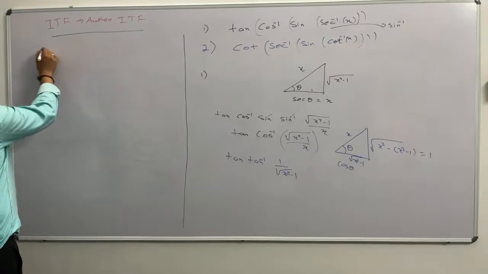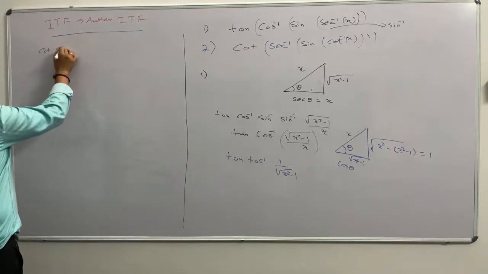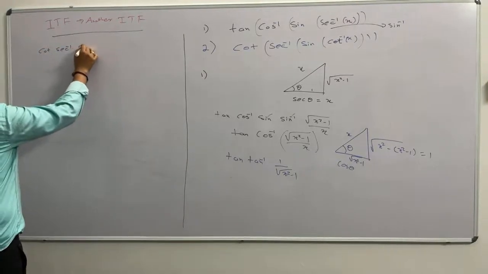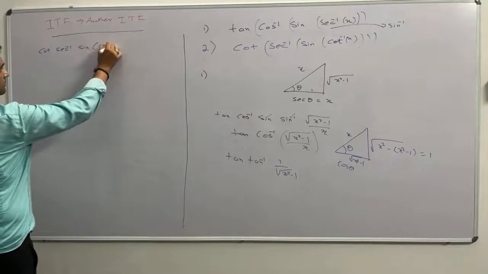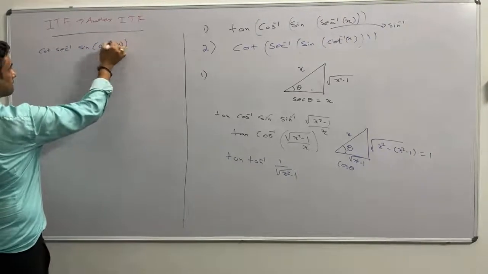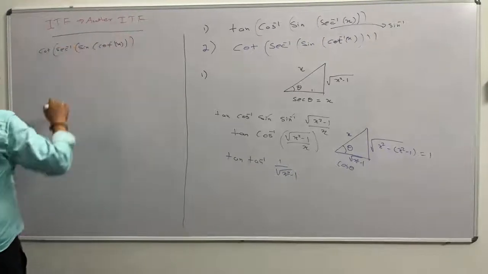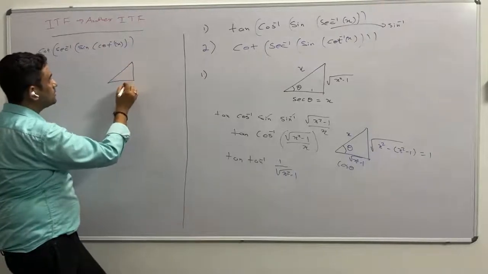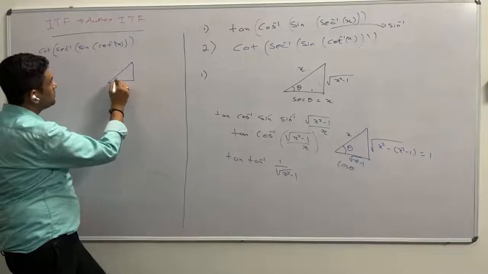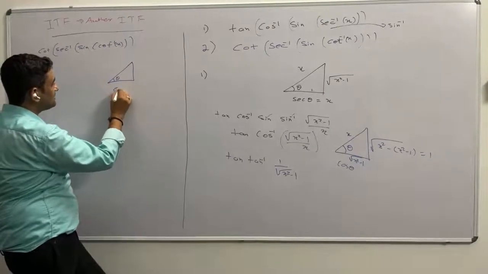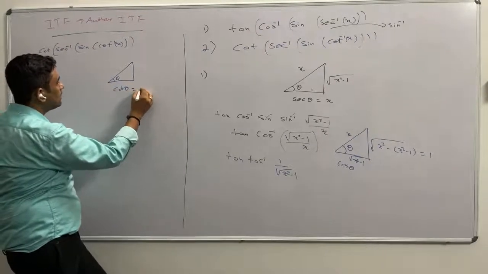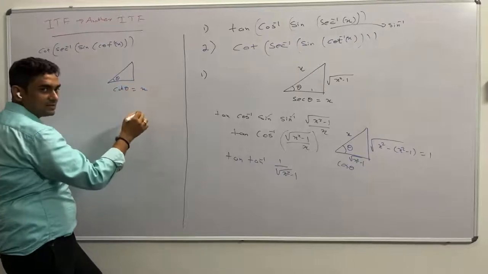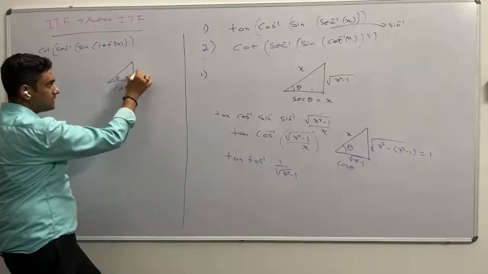Next one, we are having cot of secant inverse of sine of cot inverse x. Now, first of all, we have cot inverse that we need to convert to sine inverse. So if you have cot inverse x, if this angle is theta, we will get cot theta is x. So cot theta is nothing but this will be x, this will be 1.